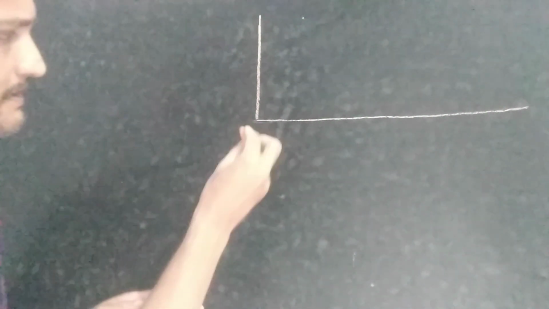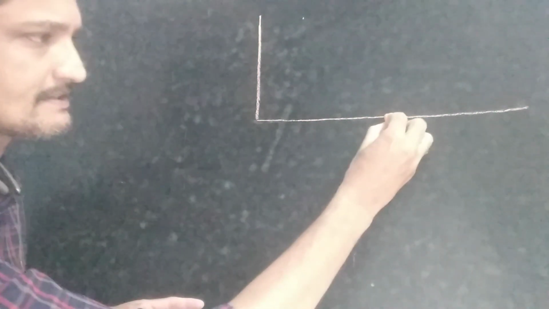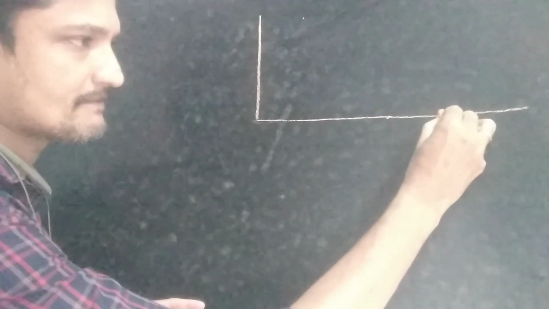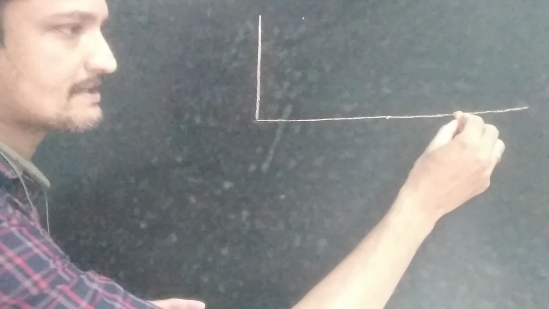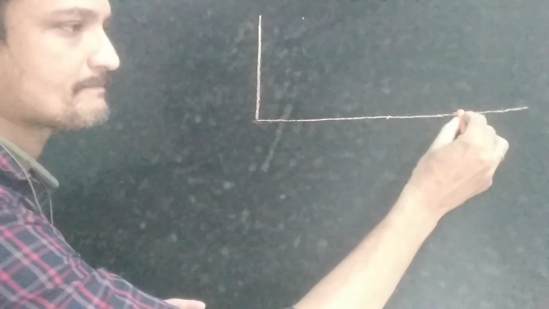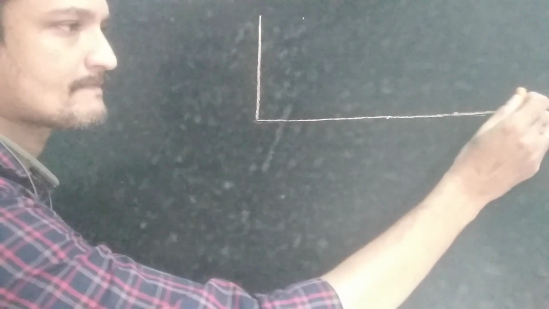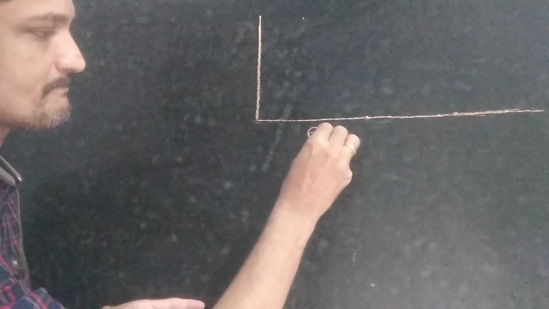Then to represent the 60 degrees, we can take 60 mm or 6 centimeters. Then the next 30 degrees, we can represent by 3 centimeters. Then the next 60 degrees by another 6 centimeters. Okay, first 6 centimeters is equal to 60 degrees.